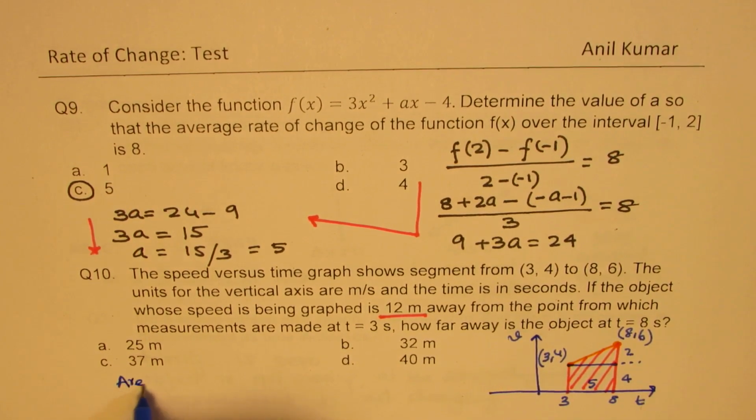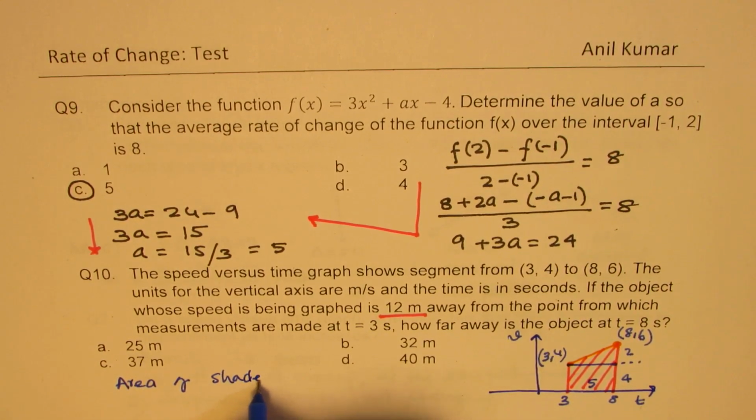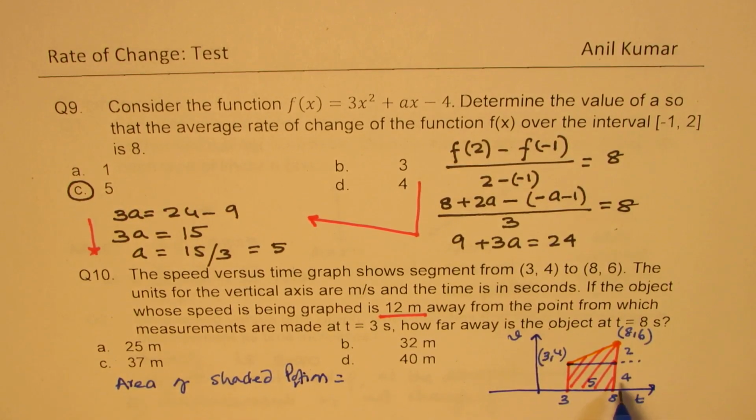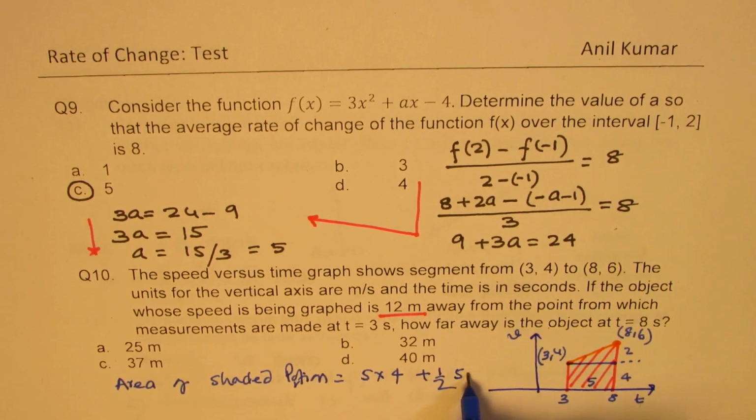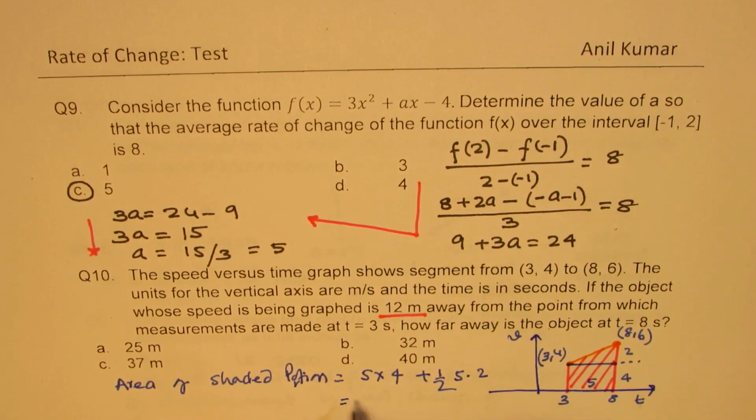So the area of the shaded portion will be 5 times 4, which is this rectangle, right? Plus half of base, which is 8 minus 3, 5, and height is 2. So 5 times 4 is 20, and this is 5. So plus 25.